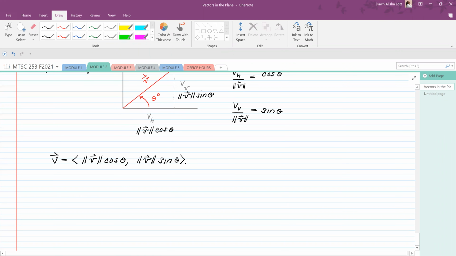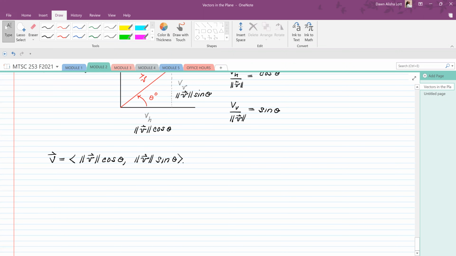So I can write V in terms of its length and the angle it makes with the horizontal. And that is what we call taking V and resolving it into its vertical and horizontal components.